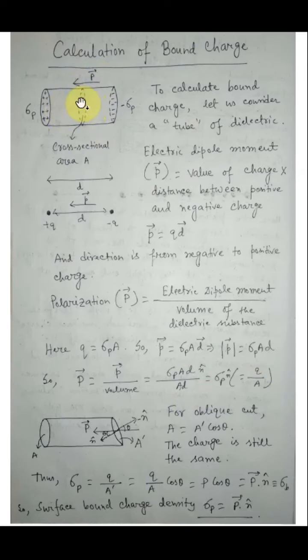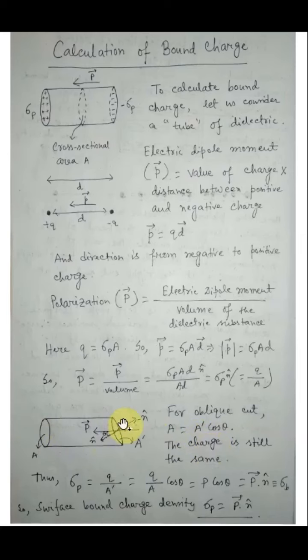Now if we take an oblique cut, in that case you can see the normal on the cross sectional area of this oblique portion is not parallel to the polarization vector. So in that case we can write the a vector, which is the normal of this surface, is actually parallel to the p vector. So this surface area is actually a prime, which is a by cos theta, right?